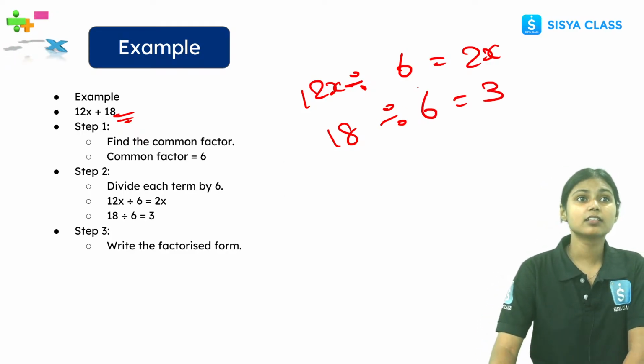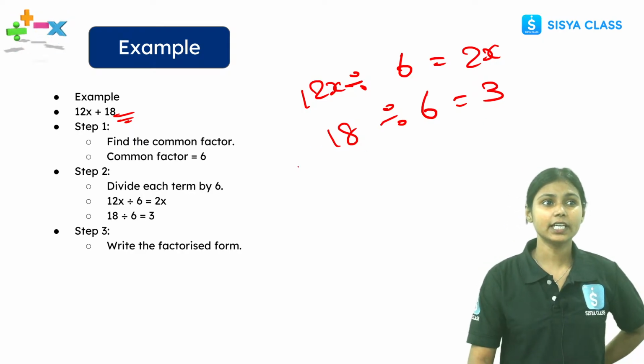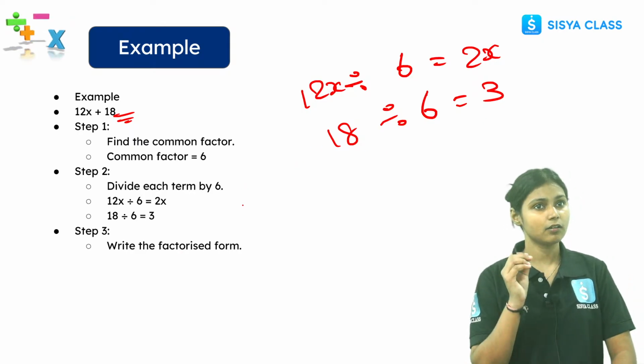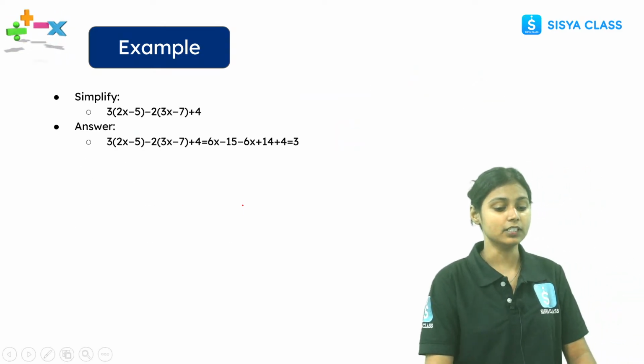So in this case, we got 2x plus 3. Now we will write the factorized form, 6 times 2x plus 3. So that's how we are going to factorize the numbers.